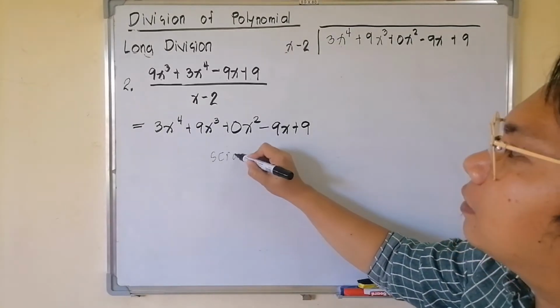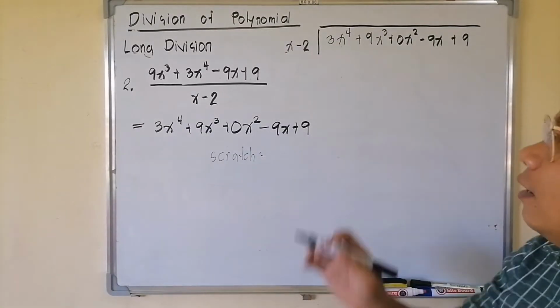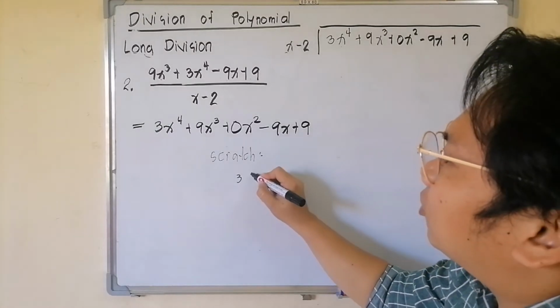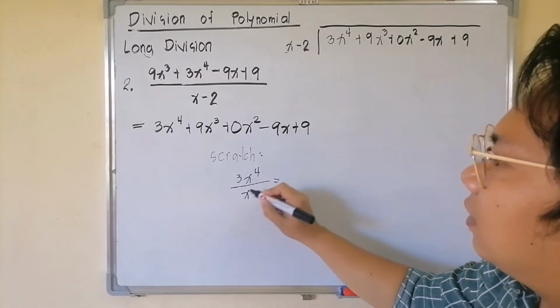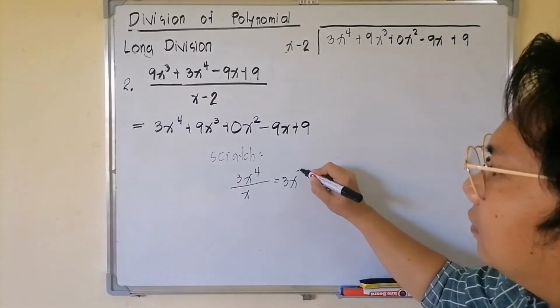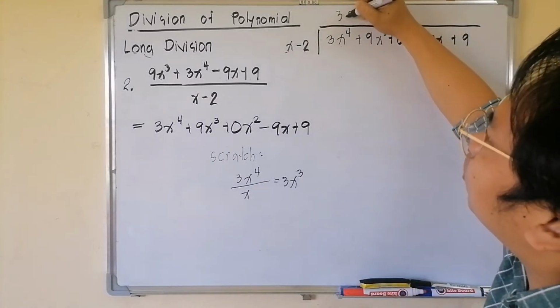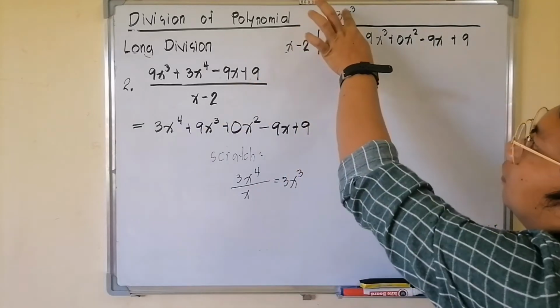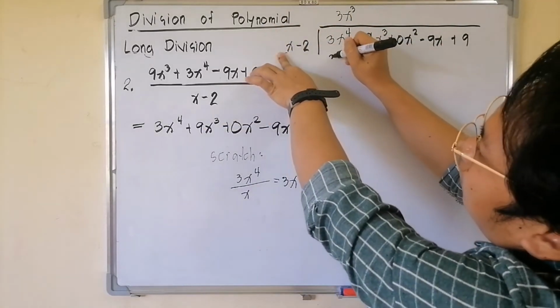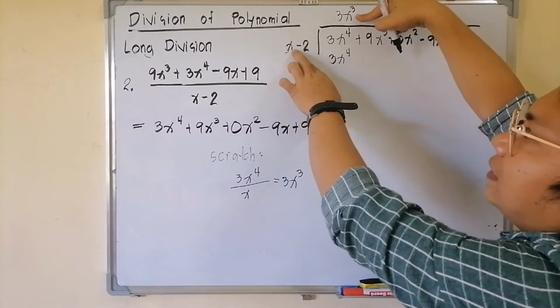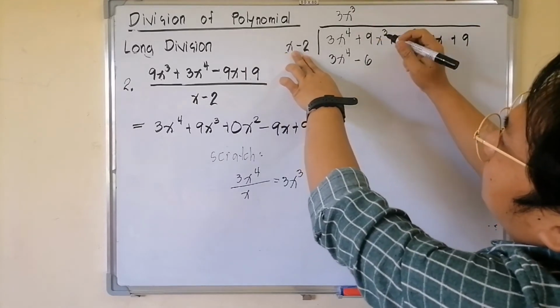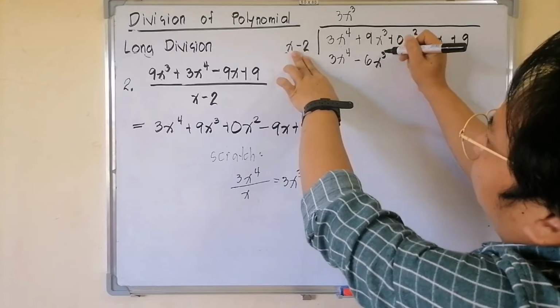So 3x to the 4th divided by x will give you 3x cubed. Again, multiply: 3x cubed times x is 3x to the 4th power, and 3x cubed times negative 2 is negative 6x cubed.